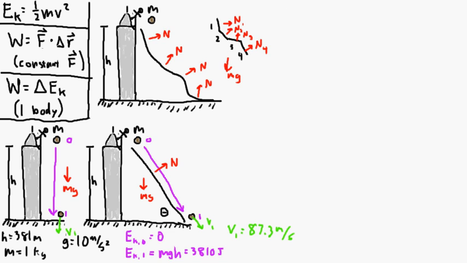So what you do is you'd say, work for step 1 is this normal force N1 plus negative mg j hat, so that's that vector.